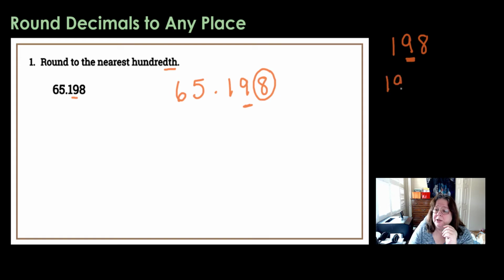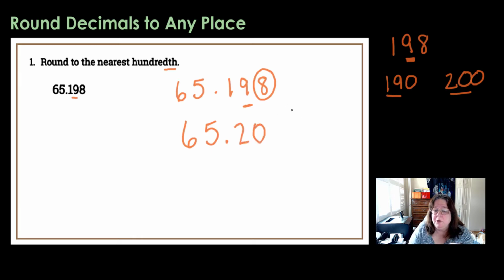We would be rounding between 190 and 200 because the next 10 after 190 is 200. So if we're rounding up, the 19 becomes a 20. So our answer would be 65.20.